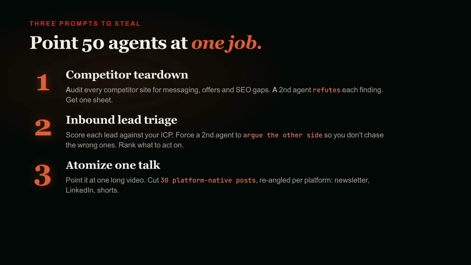Force the second agent to argue the other side so you don't chase the wrong ones, and rank what to act on. Number three, point it at one long-form video or talk and have it cut 30 platform-native posts out of it, re-angled per platform, like newsletter, LinkedIn, or shorts.